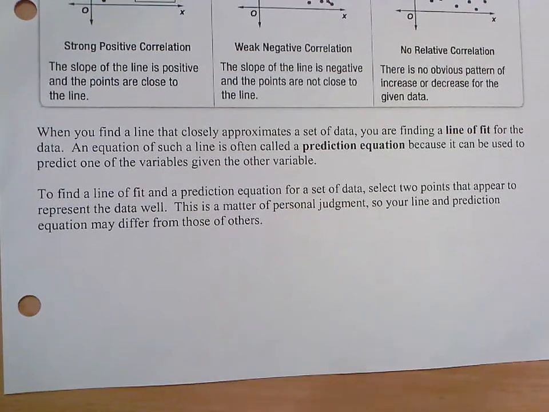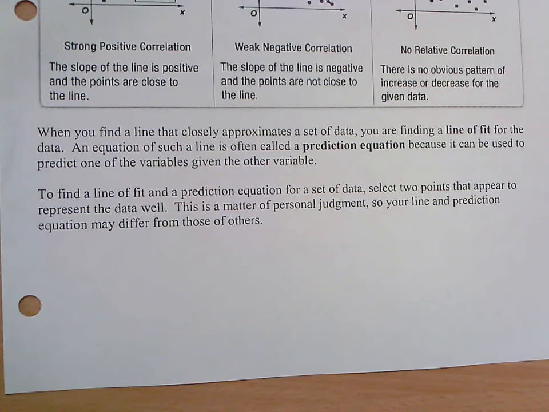And when you make a scatter plot and then you find a line that closely approximates a set of data, you're finding the line of fit. You can use, which we'll look at actually after your quiz, graphing software, whether it's on a computer or a graphing calculator, to get a best fit line or a regression line.